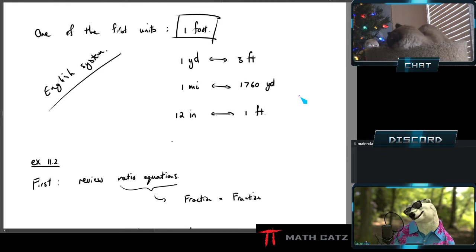Soon people realize that, as much as we need to be thankful for the sort of British nations and their historical significance for getting us to where we are, these units aren't the most efficient.